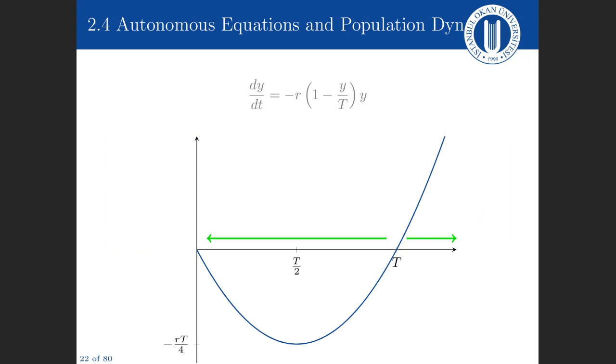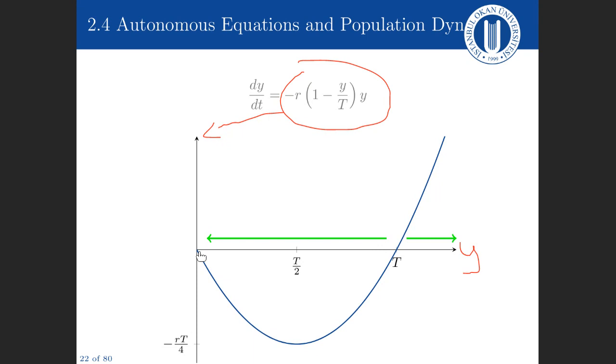To understand this, we draw the graph of f(y), in other words -r(1 - y/T)y, against y. And the graph looks like this. We have two critical points, or two equilibrium solutions, at 0 and at T. I'm only drawing the positive y-axis because I can't have a negative number of cats in Istanbul.